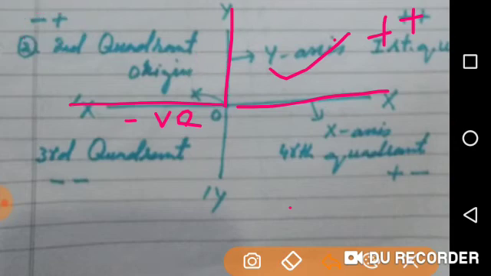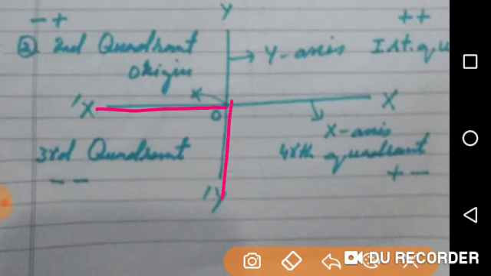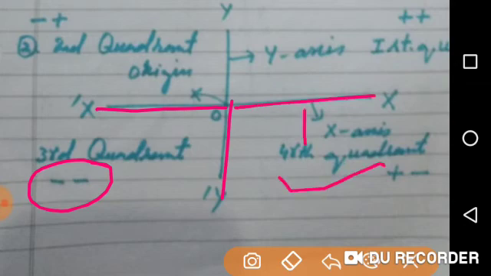Similarly, in the third quadrant you will find values of x are negative and values of y are also negative. So in this third quadrant you will find all the negative values of x and y. Similarly, in the fourth quadrant values of x are positive and values of y are negative.